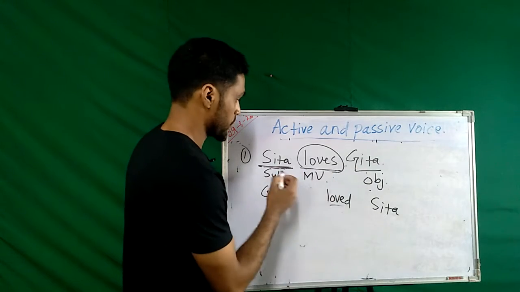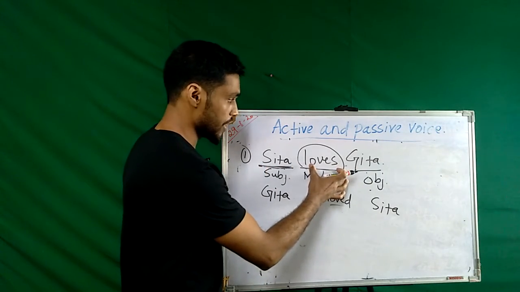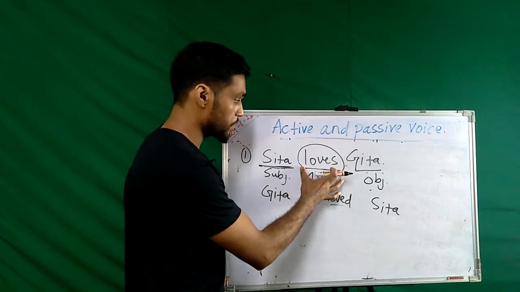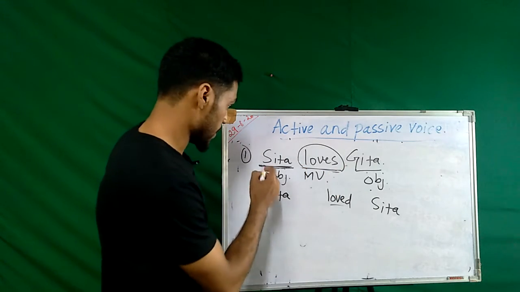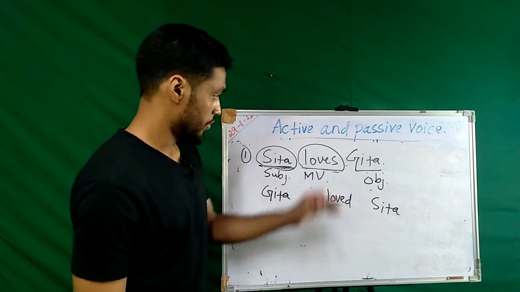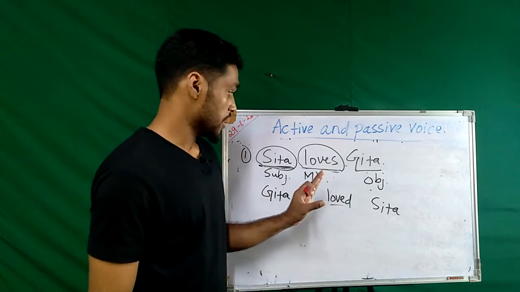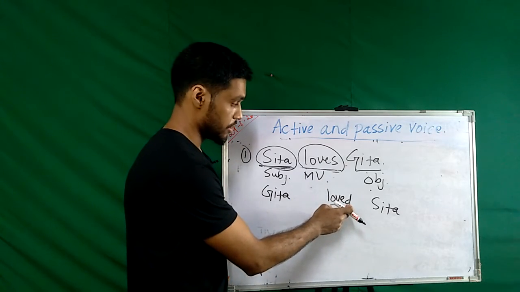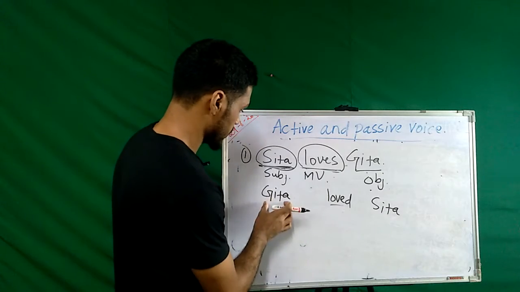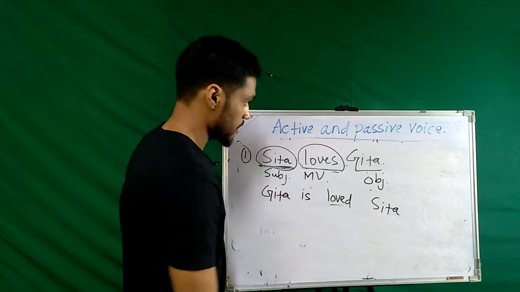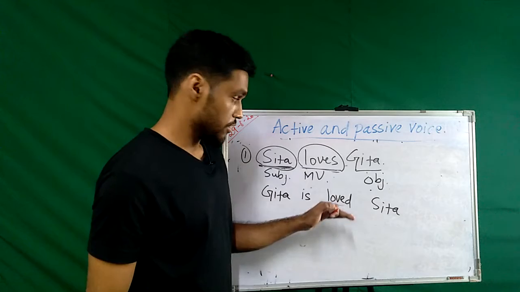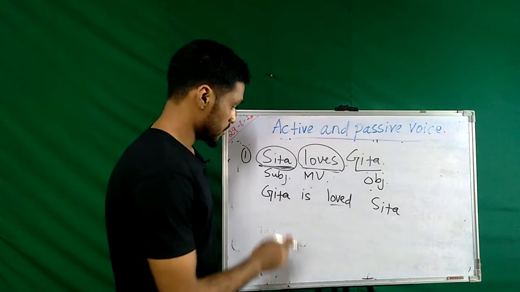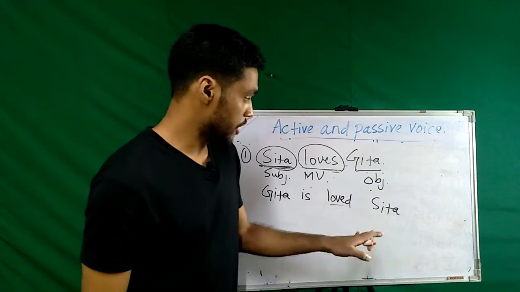Sita loves Gita, and this active voice is in the simple present. And Sita is singular, so we have to add a singular helping verb before loved, before the main verb. So Gita is loved, Sita.